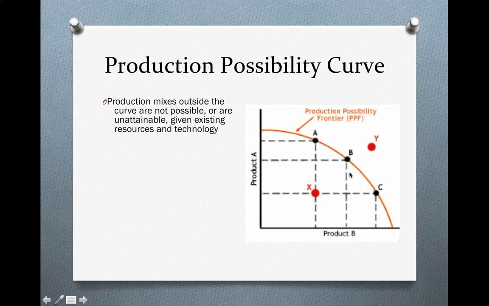We don't have any more resources. On the curve, we're using all of our human resources, all of our natural resources, and all of our capital resources, including technology, so that there is no combination of product A and product B that we could produce beyond it, because we don't have the humans or the capital or the natural resources available to us.